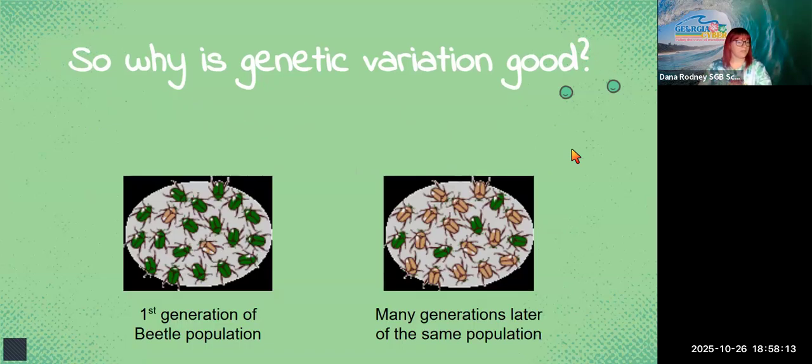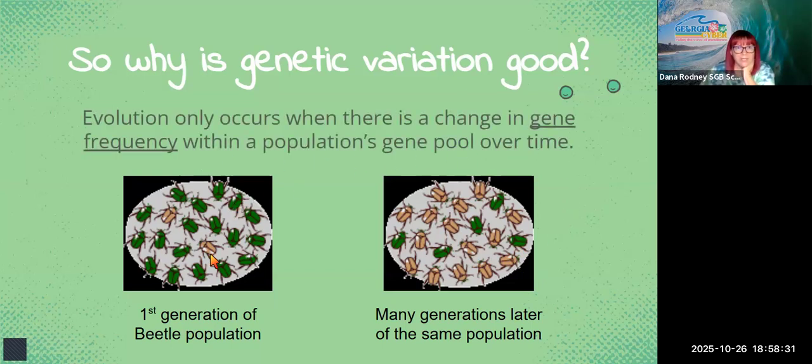So if we look here, the genetic variation is really good because we've got our first generation of beetle population, and then we've got many, many, many generations later, the same beetle population. What happens is over time, the organisms are able to have a change in gene frequency in the gene pool because the environment changed.